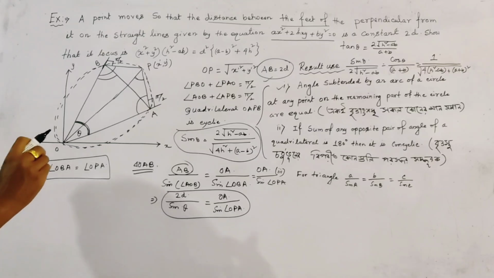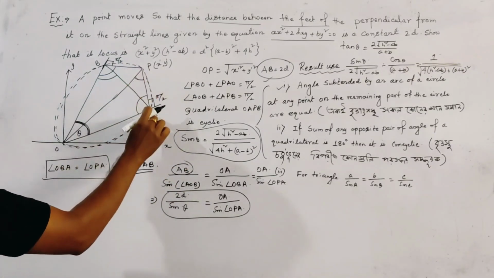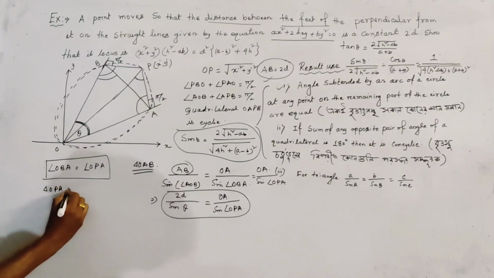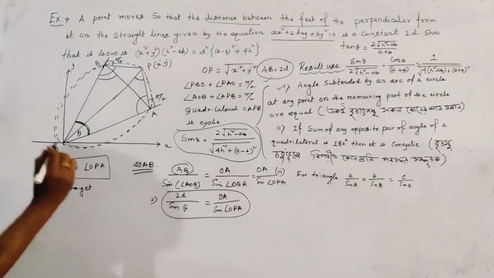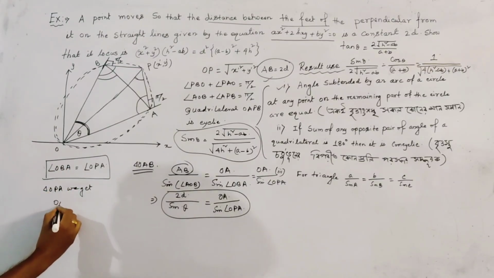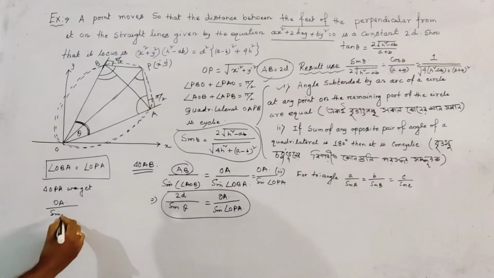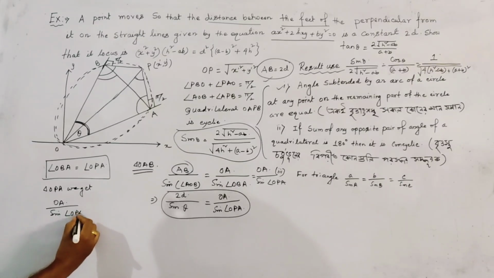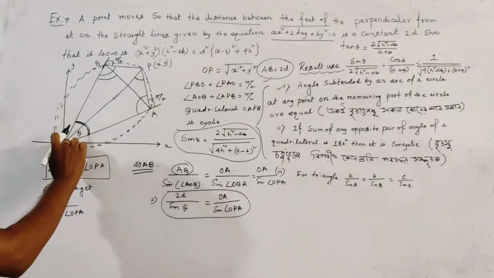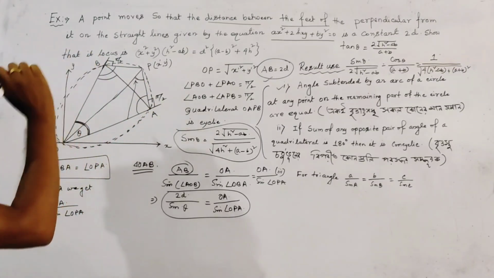Now use the same property of triangle for the triangle OPA. For the triangle OPA, we get OA by sine angle OPA, because this is the side and this is the opposite angle.